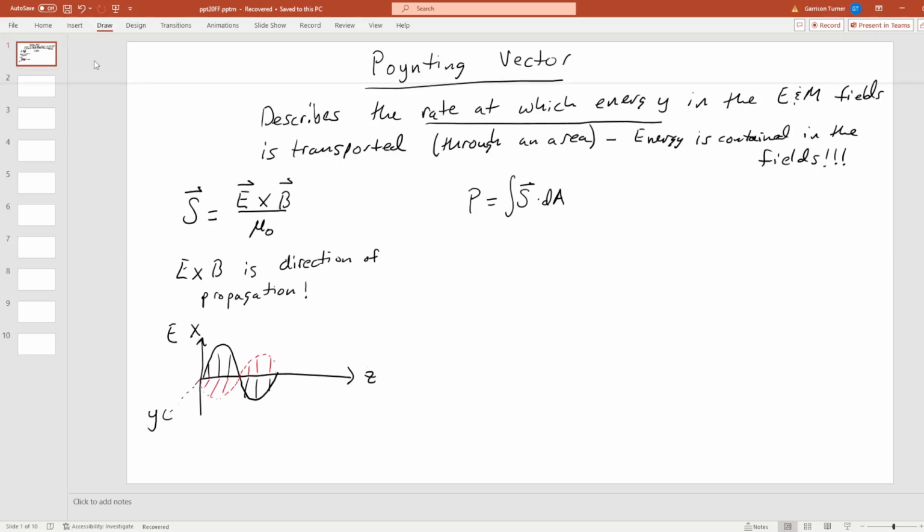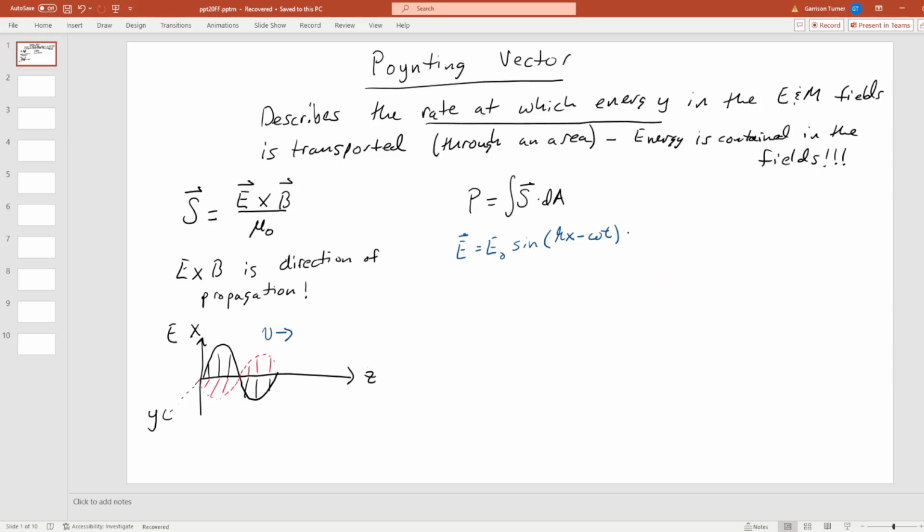And so the equations for this plane wave, if it's propagating this direction, E would be equal to whatever your amplitude is. We don't really care what the amplitude is, but this is going to be kx minus omega t.